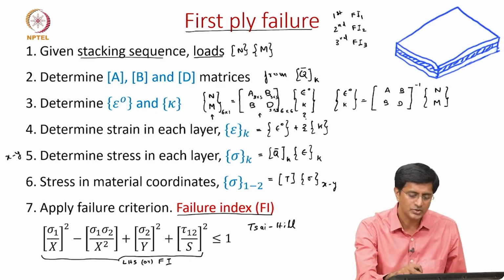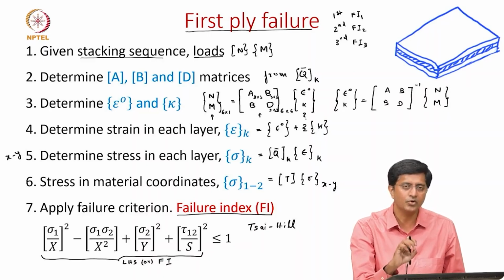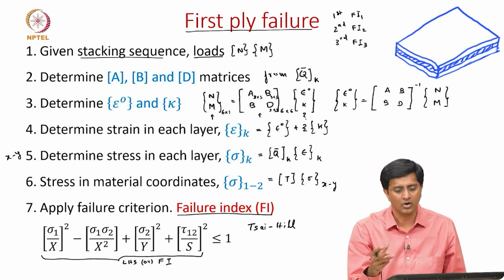It is also possible that for the given loads, maybe all of these laminas fail, or none of these laminas fail, or maybe one of them fails and the others don't. But how do we know all this information? We just need to put these failure index values in ascending order. Once you do, the one which has the highest value indicates the one which fails first.